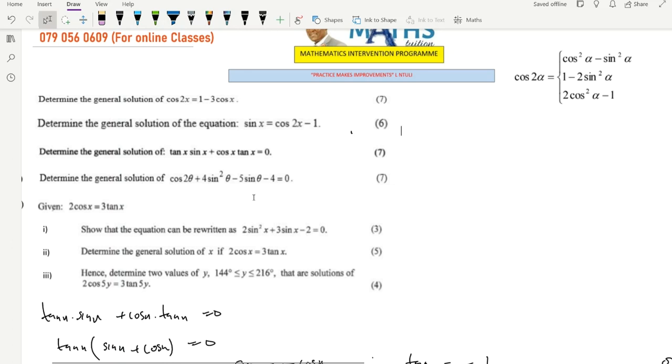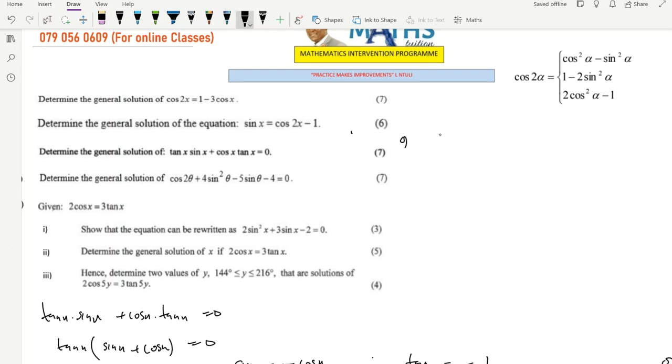We have 2 cos squared theta plus 4 sine squared theta minus 5 sine theta minus 4. How can we change 2 cos squared? Yes, it will be 1 minus 2 sine squared theta, because our 2 sine squared theta will be in terms of sine. Excellent guys, excellent.